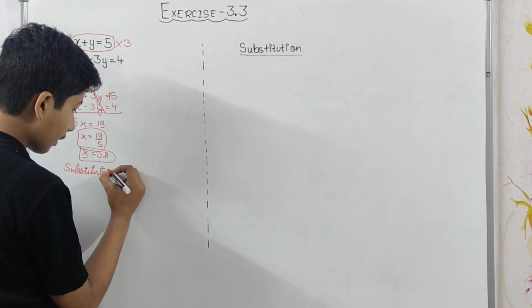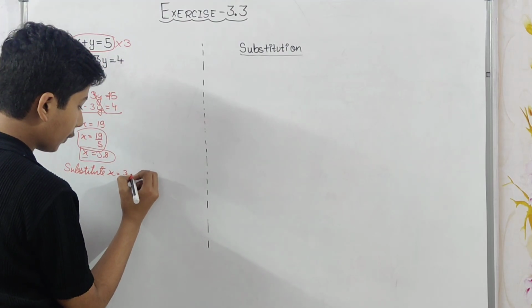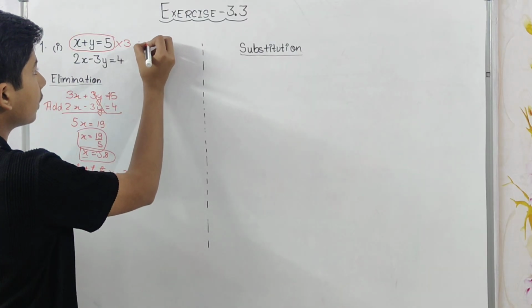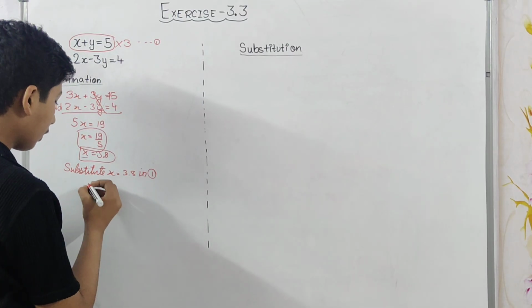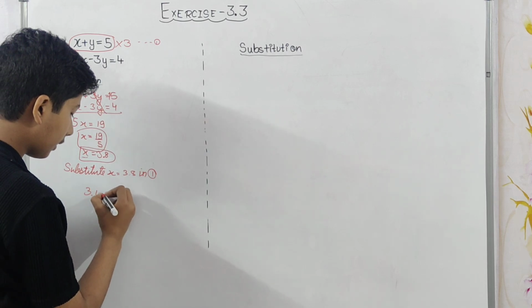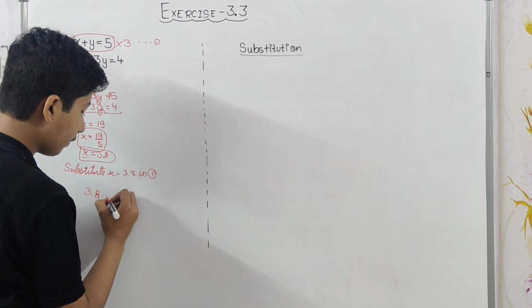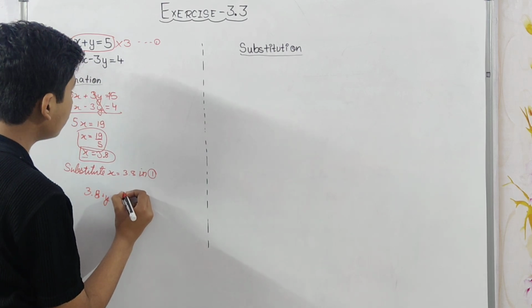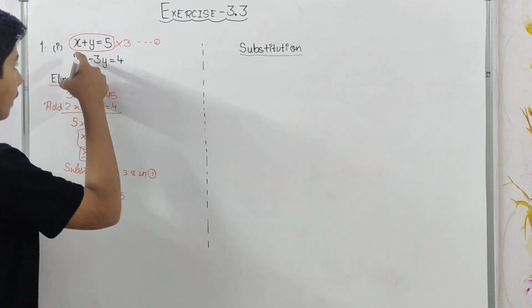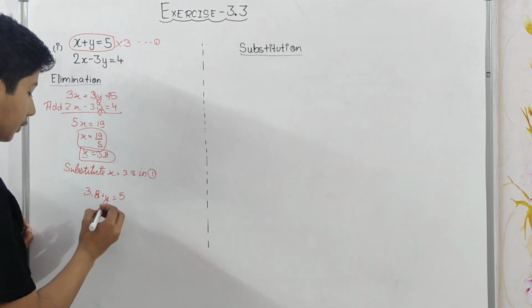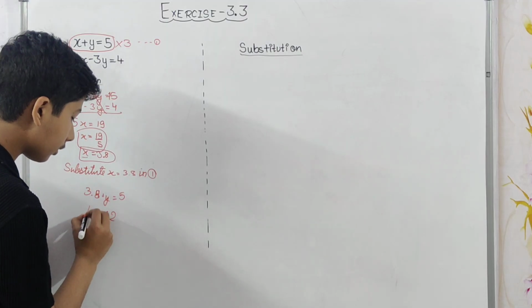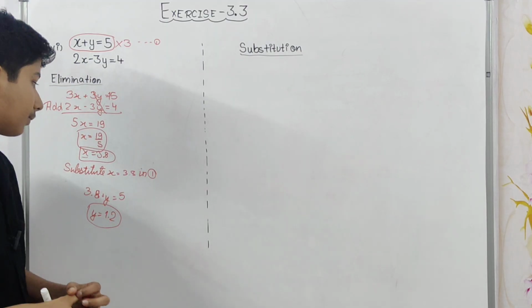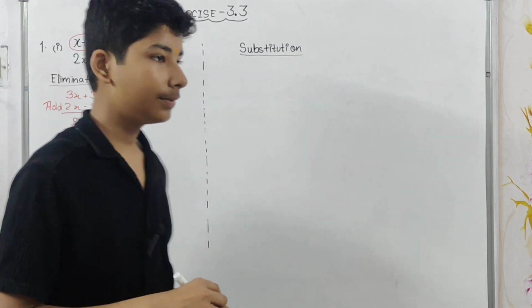Substitute x equals to 3.8 in the first equation. So we get 3.8 plus y equal to 5. 3.8 plus y equals to 5. So y will be 1.2. Answer. I hope this is clear.